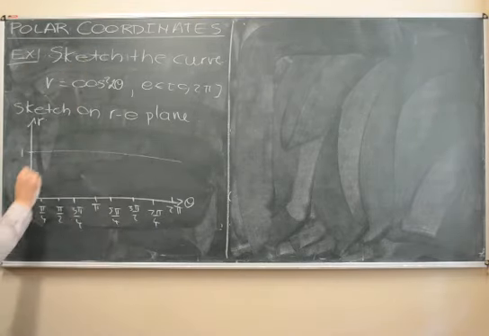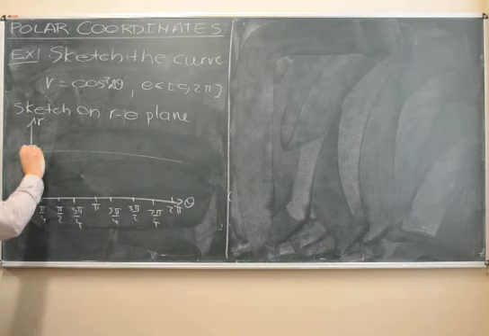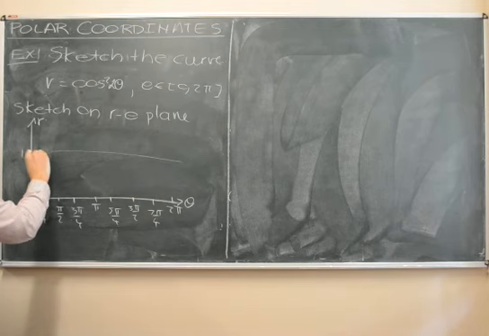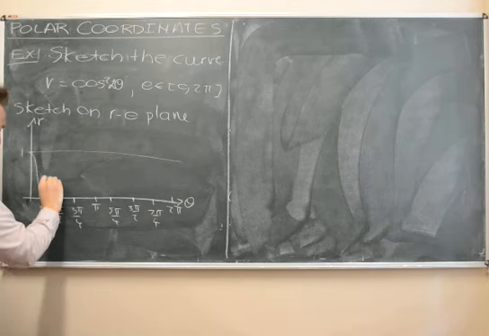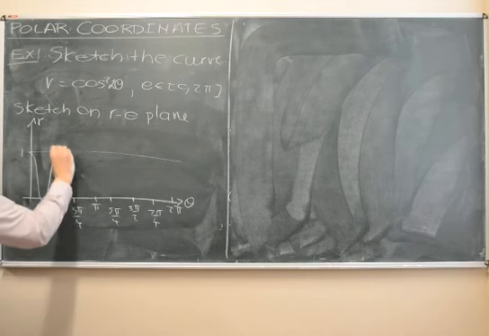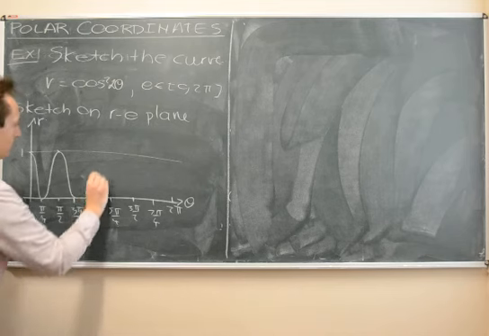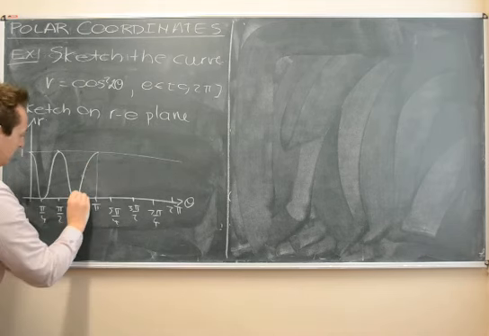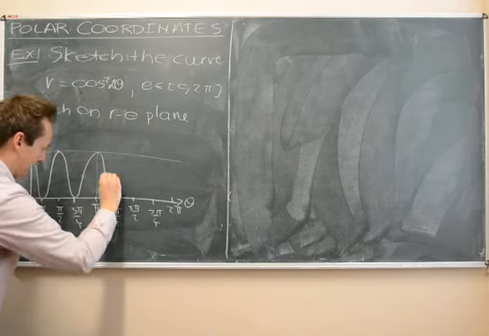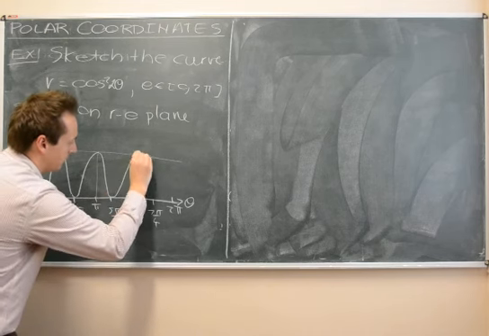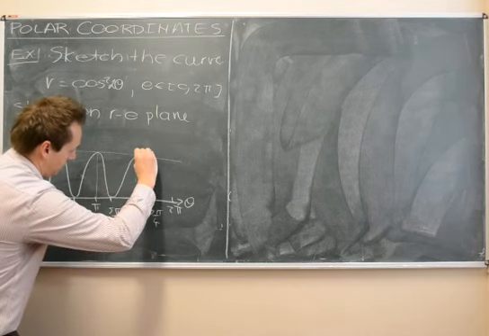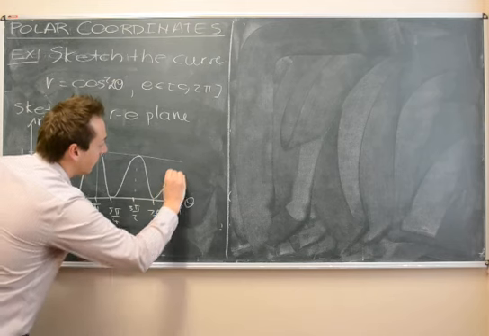So at 0, the r is going to be 1. Then we're going to go down to pi over 4, up to pi over 2, down to 3 pi over 4, back up again like that, back down, back up, down, and up.